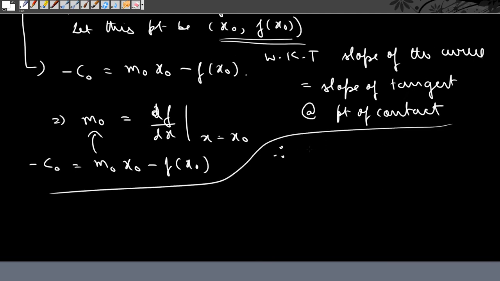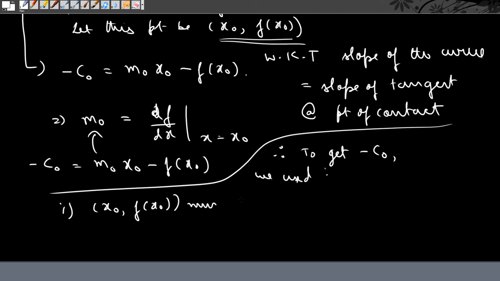Therefore, to get minus c naught, we used the fact that, first, the point x naught, f of x naught must lie on the line.